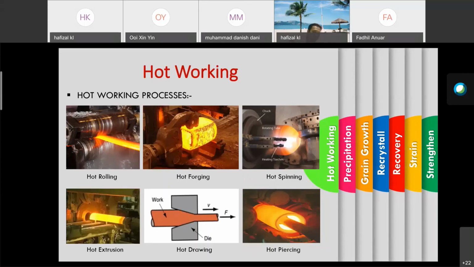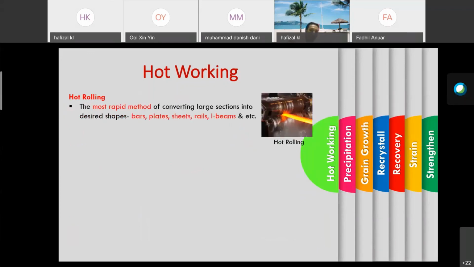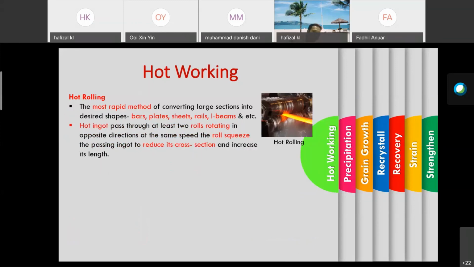A lot of machines are related to hot working, and some processes like rolling and drawing can also be done as cold working. For hot rolling, the process is the same as rolling, but the difference is the use of high temperature, maybe for metal with a high melting temperature.